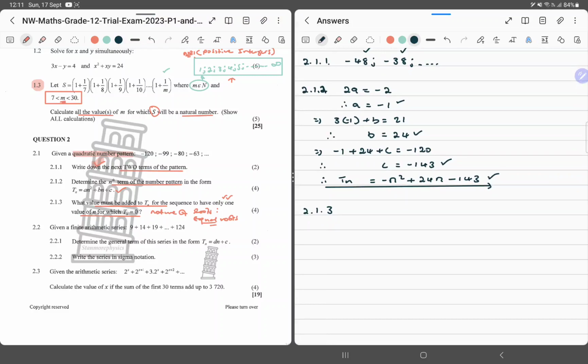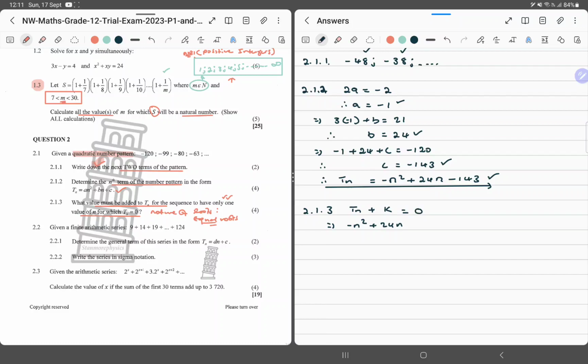So we know that Tn equal to 0 implies that minus n squared plus 24n. Oh, by the way, we're saying what are we adding to Tn? So we're going to add k, for example, is equal to 0.